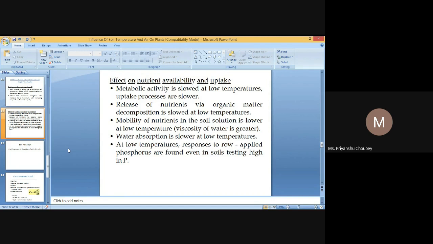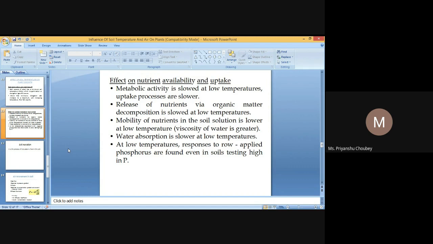The larger the distance of these ions from the absorbing root surface, the longer the time they take to reach the plant root, because of the restrictions imposed by the colloidal solid phase. As such, these nutrients are termed immobile nutrients.